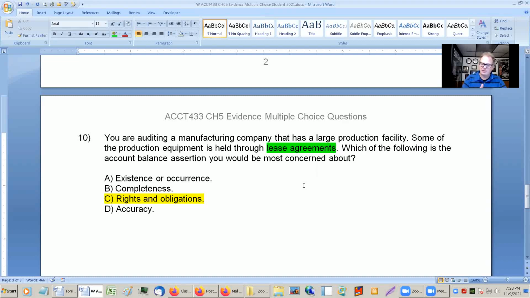That's the appropriate accounting for it. It could very well be that these leases should be carried on the books as assets. So it could also be a completeness issue, that they don't have all the assets on the books because they're saying that these are leased, but because it's what they call a capital lease, it could also be on there.